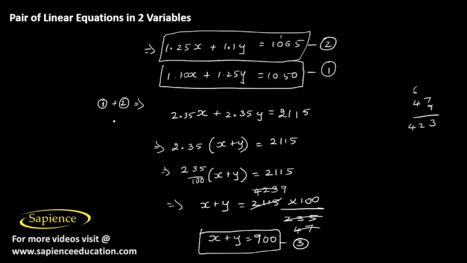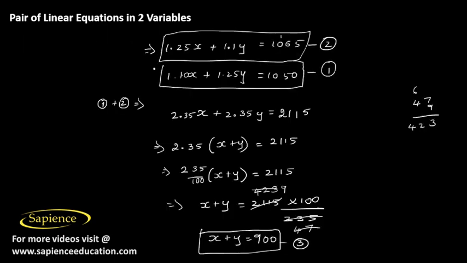Now let's get one more equation by subtracting these two. So second equation minus first equation. Now 1.25 minus 1.1, let's find the value of it. 1.25 minus 1.15, 1 and 0, so 0.15. And here also we will get the same value but in the negative.